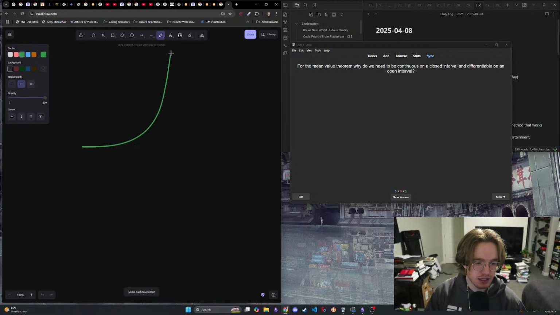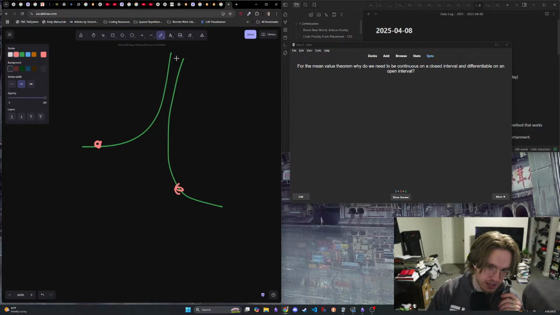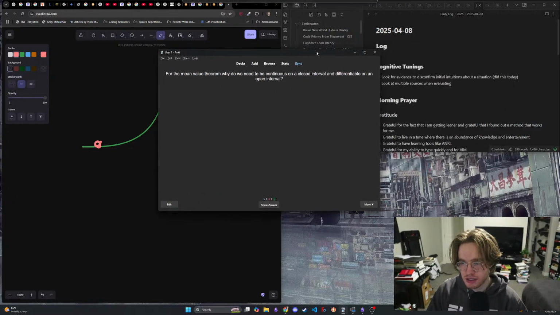If it was non-continuous, like this point in here and here, this point here and this point here, then there are slopes here that would not be represented as the mean of these two points. And so it has to be continuous.